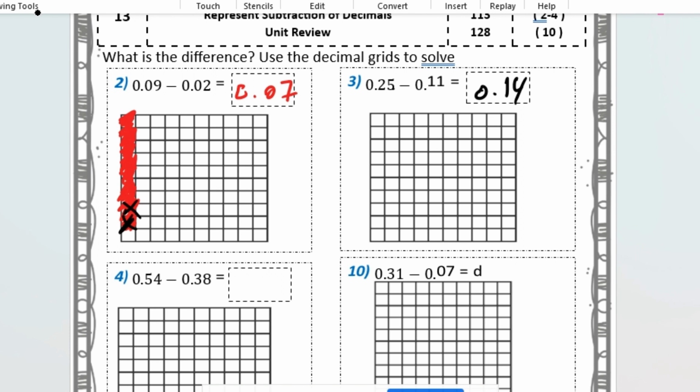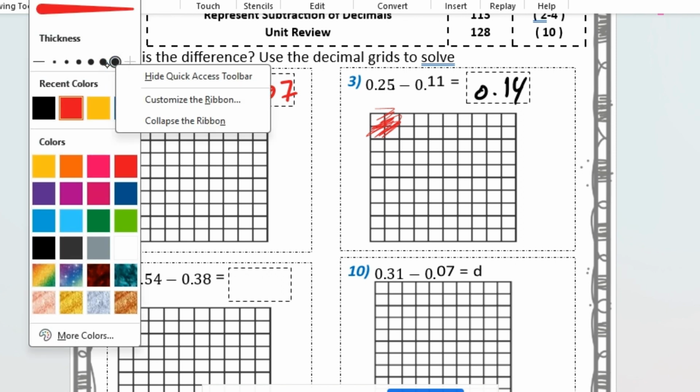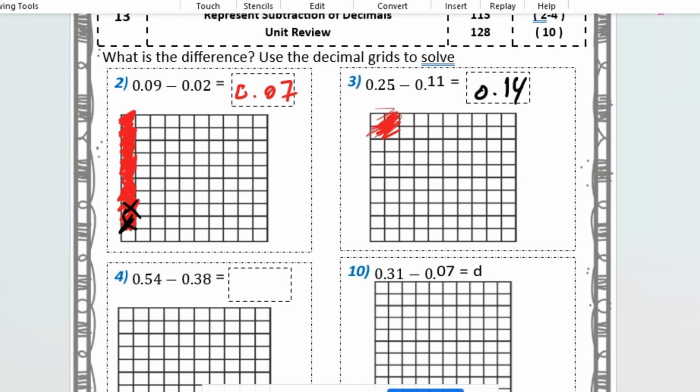And you do the same thing, you put 25 red squares, and here this is 21 22 23 24 25, and you take away 11. 1 2 3 4 5 6 7 8 9 10 11.